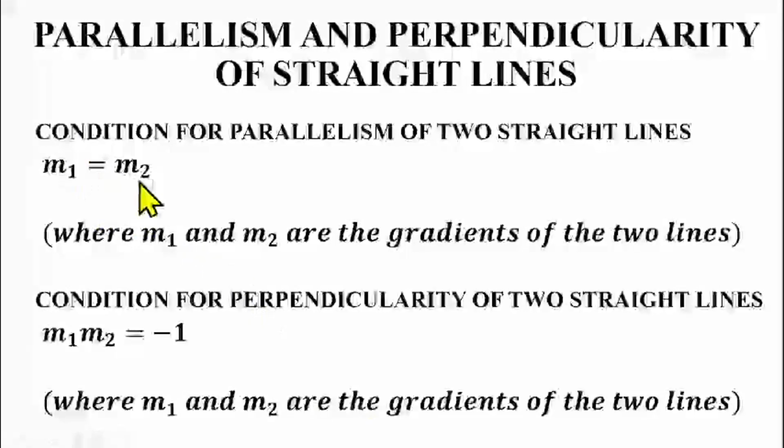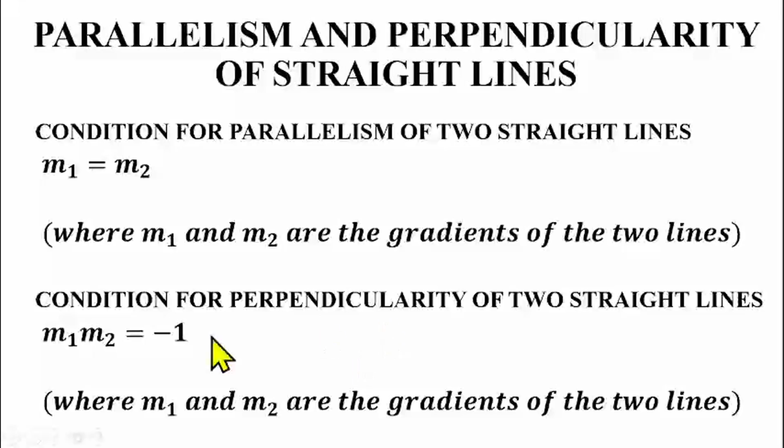So a student must remember that the condition for parallelism is m1 equals m2, and for perpendicularity the product of the gradients must be -1. You must bear these two conditions in mind if you want to solve questions on parallelism and perpendicularity in coordinate geometry.